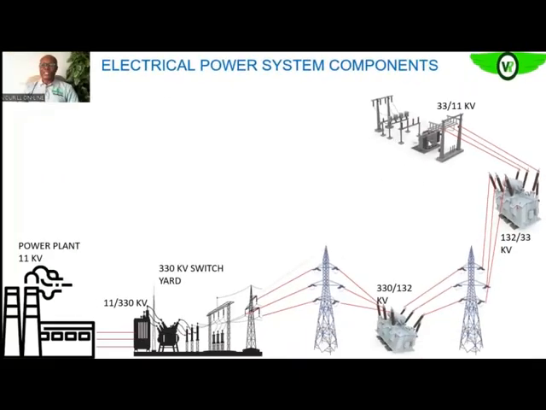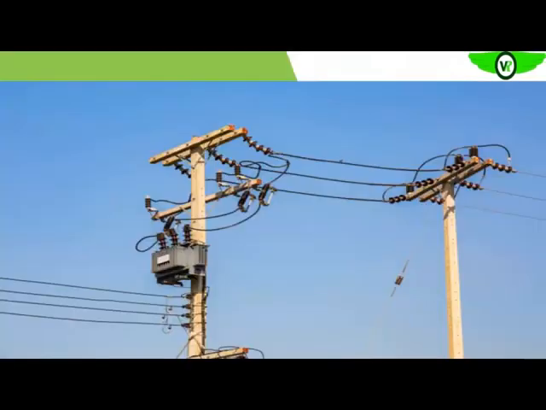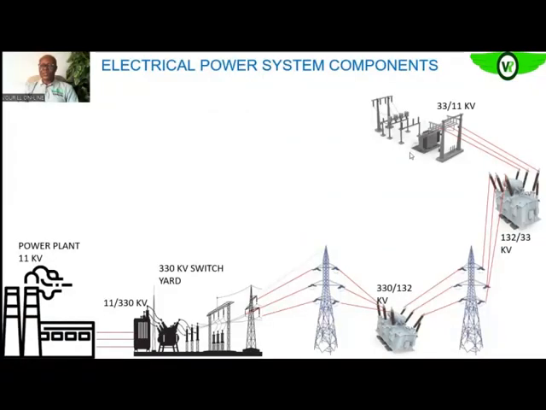So that is the injection substation. That 11 kilovolts is what will now be distributed into the various streets and to where your load, your consumers, are.